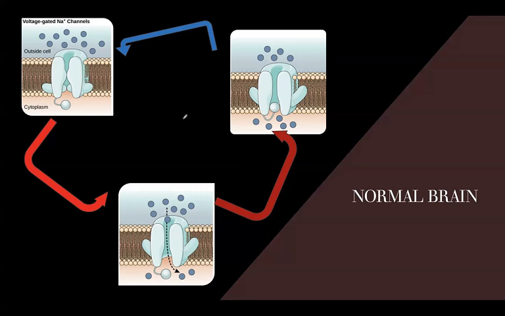And if these happen in a normal fashion, then we should be able to generate impulses that travel with a particular regularity in this manner. But in people that are epileptic, we find a different situation.